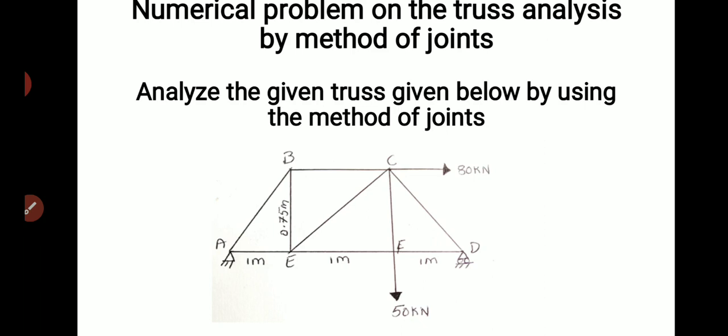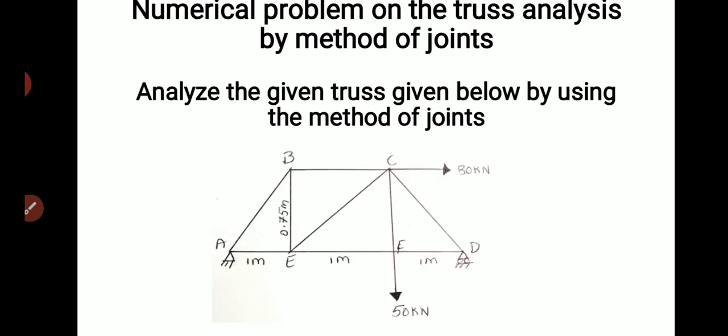Here A, B, C, D, E and F are the joints. At joint C it is subjected to an 80 kilonewton load acting along the right hand side direction, and at F the load is 50 kilonewton in the downward direction.